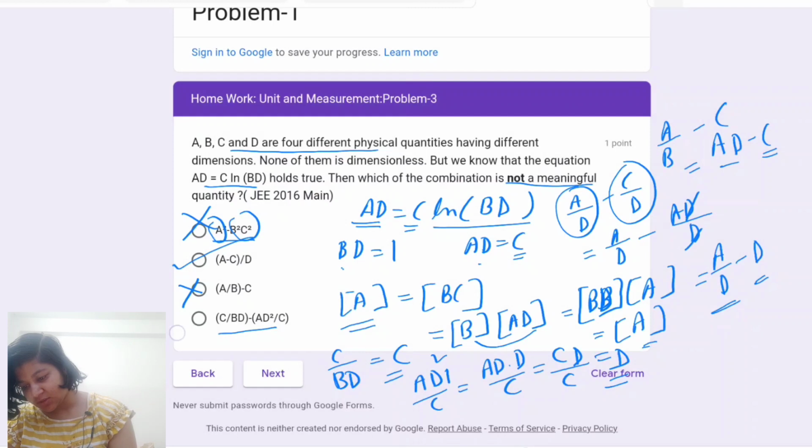So this option is also not meaningful. So we have got two options that are not meaningful.